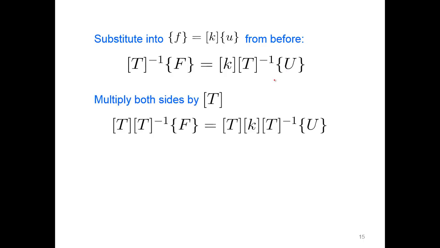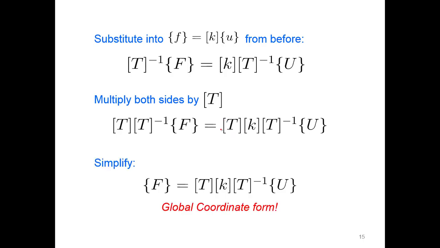Now we multiply both sides by the transformation matrix. Multiplying these two together gives us the identity matrix, and they go away. We're multiplying on the leftmost side to make sure we're consistent with our matrix math. So we end up with how we can get the global coordinate form based on our element stiffness matrix.